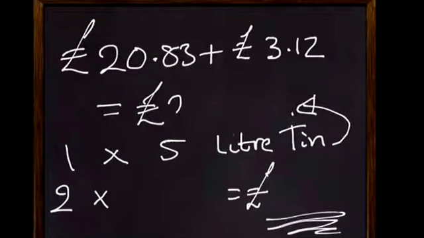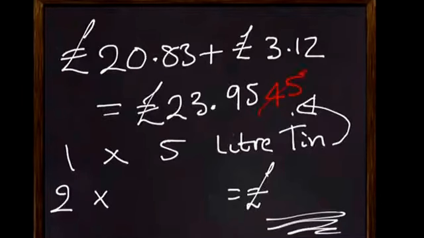So that will be £23.95. The rest of it actually says 9545, but we're not going to use that because we generally don't use that. So we just stick to the 95. So that's for 1 5 litre tin of paint.